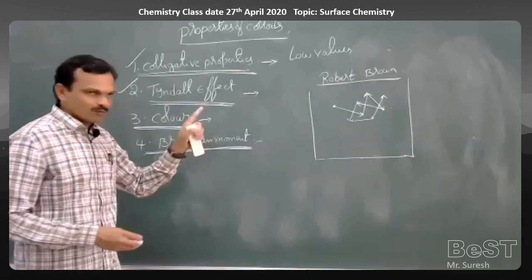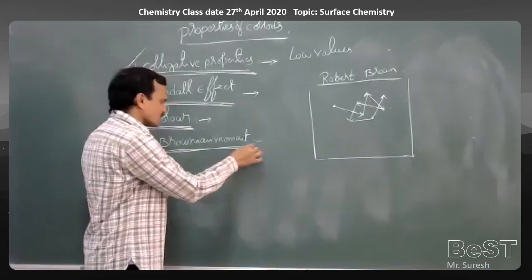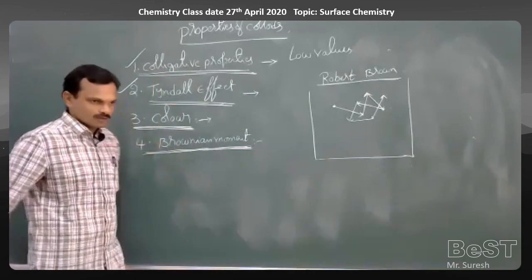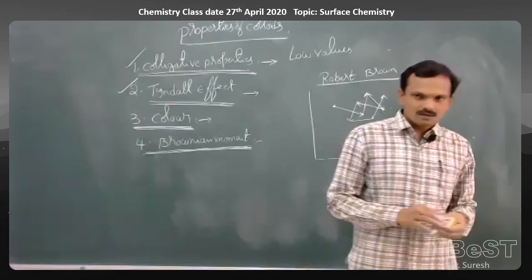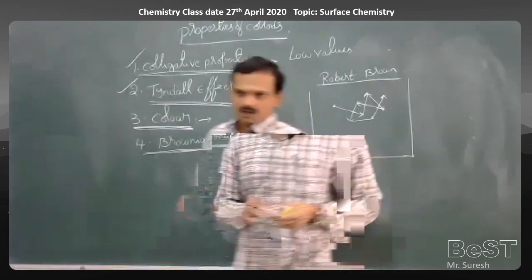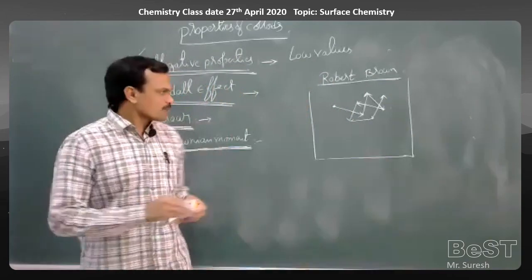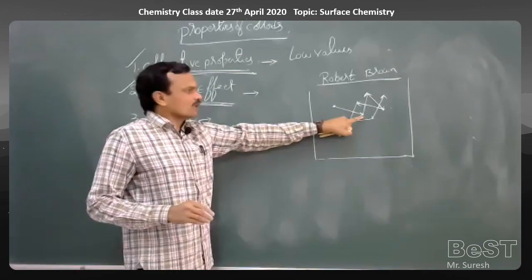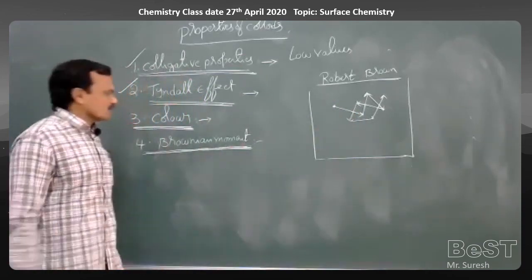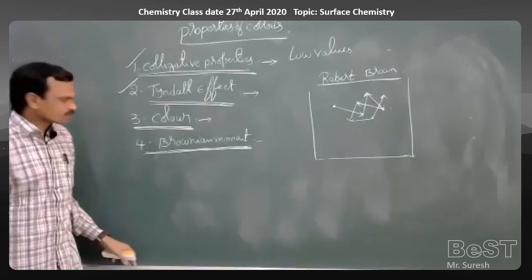This random movement is called Brownian movement. So the main cause of Brownian movement is unbalanced bombardment of dispersed colloidal particles with dispersion medium molecules.